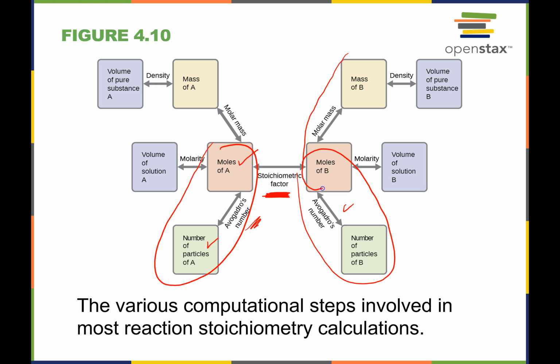To go from mass to moles, we can use molar mass. Mass to moles or moles to mass, we can use molar mass. All right, it's a busy slide. Now, one more thing though. Have you guys ever used density to go from volume to mass? Yes, you have. So you guys have actually already done that one too.